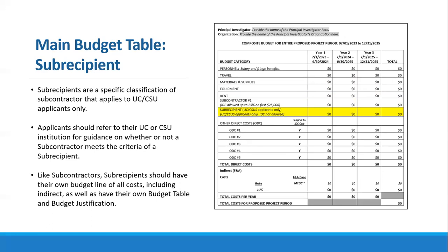And like subcontractors, subrecipients should have their own budget line for each subrecipient, including indirect cost, as well as their own budget table and budget justification. The main difference between a subcontractor and a subrecipient that we'll talk more about later is that subrecipients do not have indirect costs applied to the main budget, even up to the first $25,000 like you would see in a subcontractor.